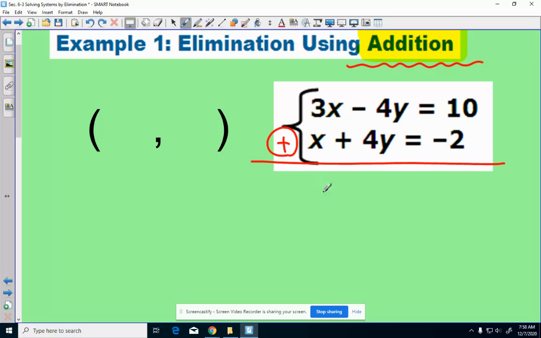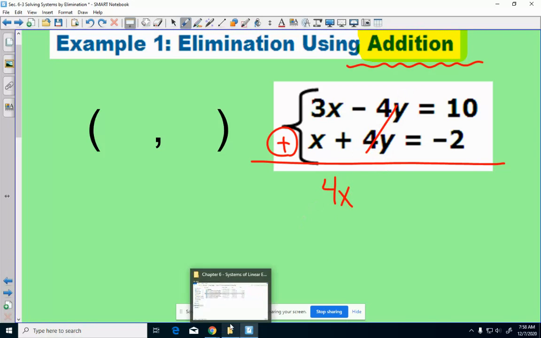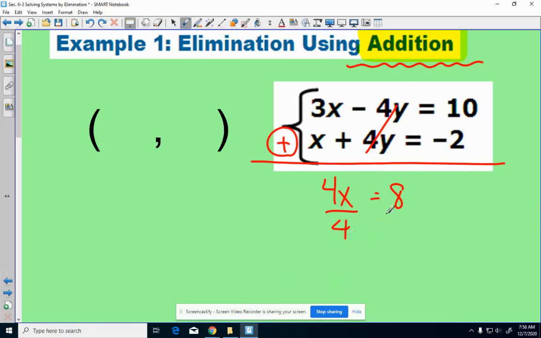Well, if I do 3x plus 1x, I get 4x. If I do -4 plus a +4, those cancel each other out. And if I do 10 plus a -2, I get 8. And I quickly can see that my x value is worth 2.